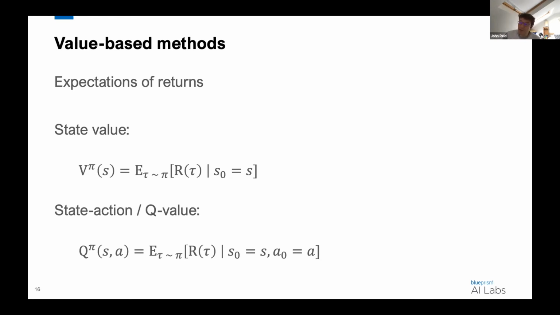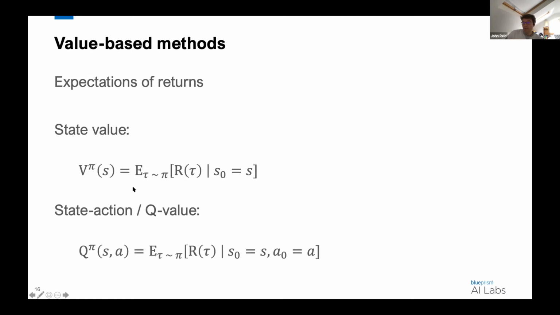And in this expectation, we're sampling, so these tau are samples, episodes that are sampled from our behavior pi. But there's also possibly uncertainty in the environment. So we should see these expectations as being over any distribution that the environment introduces onto these episodes.